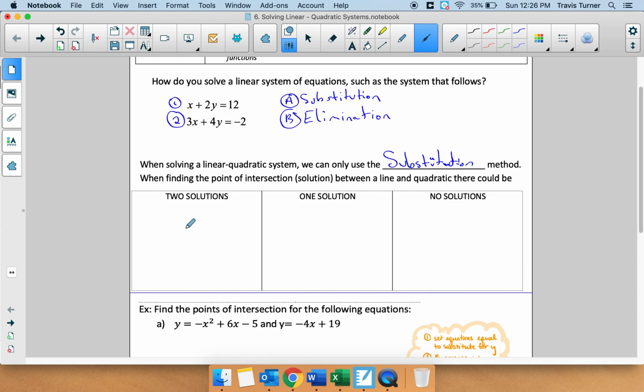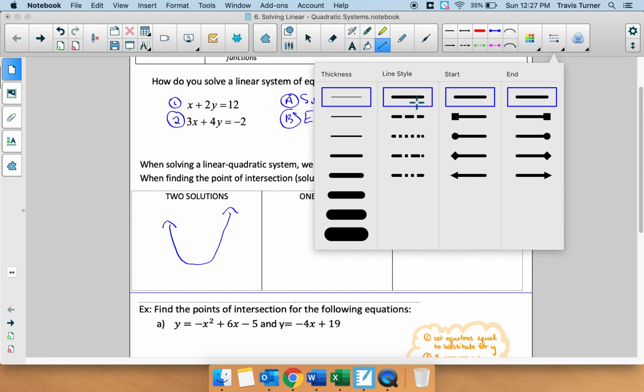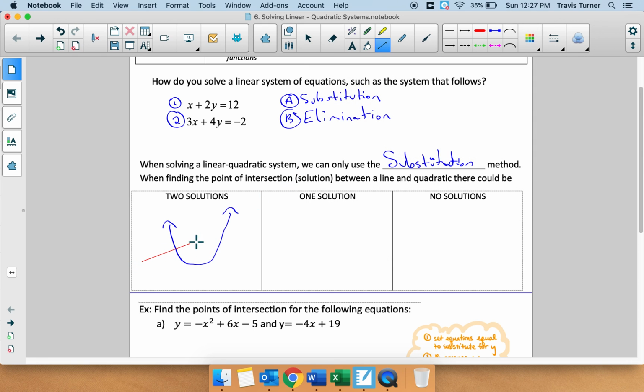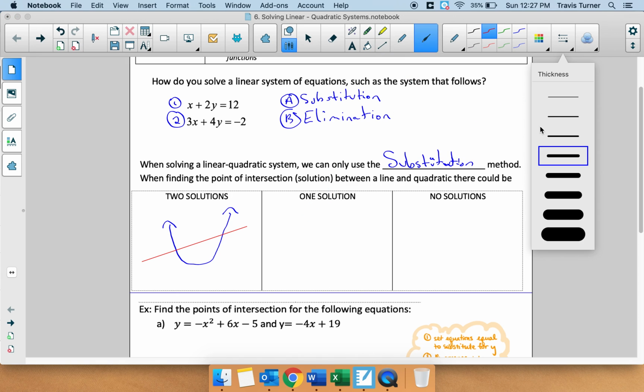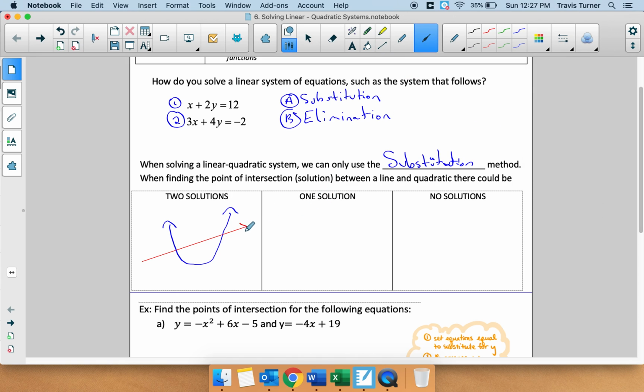If we think about what can happen when you have a linear quadratic system, well, we can have a situation where we have two solutions. So we could have something like this, where I've got a straight line that's going through. I'm just going to add some arrows on the end of this. And the straight line hits the quadratic twice.